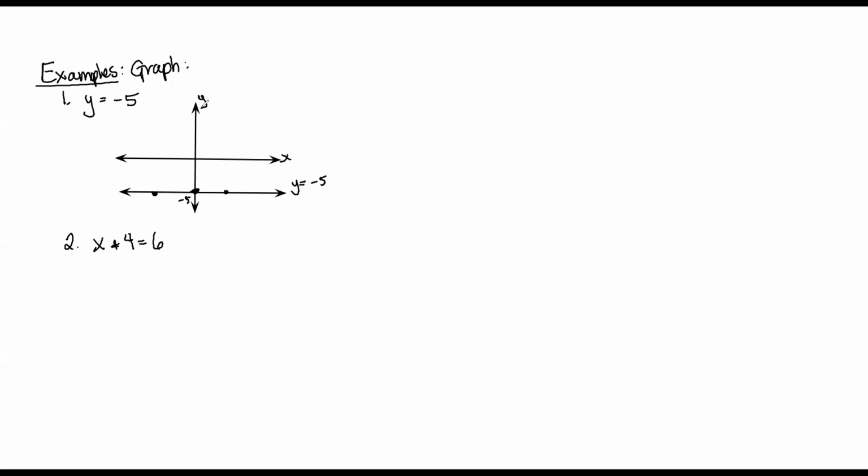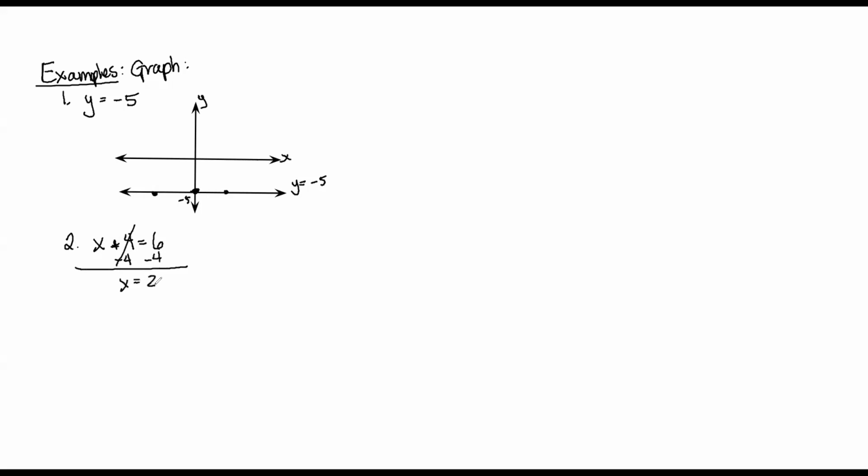And now if we do the same thing with our second one here, this one looks different because we don't have just an x by itself on one side, but we do have just an x, there's no y, so we know it has to be one of our special cases. And in order to graph these, we always want that x or y by itself. So I'm going to subtract 4, so we get x equals 2.